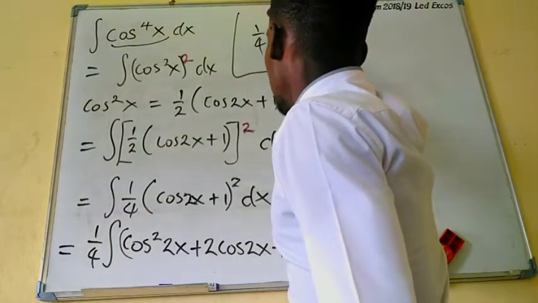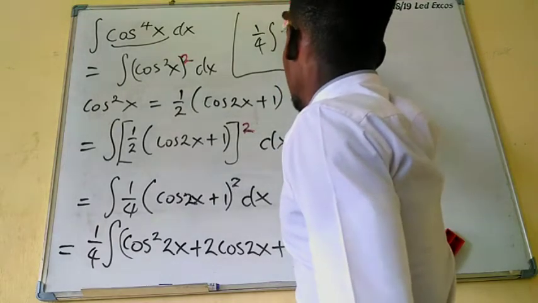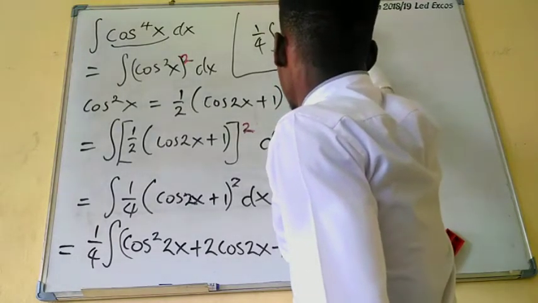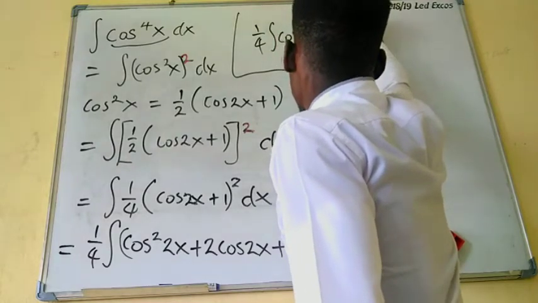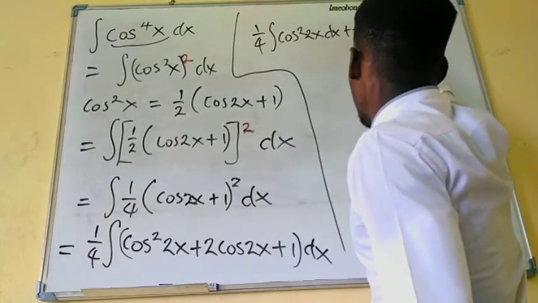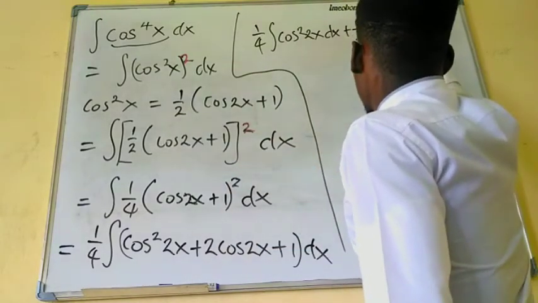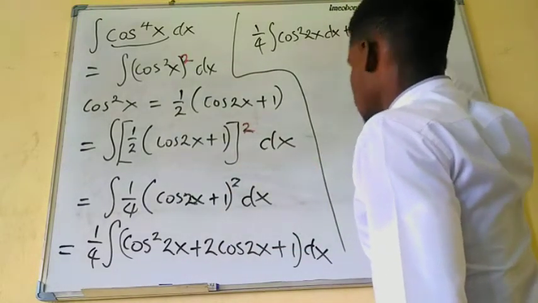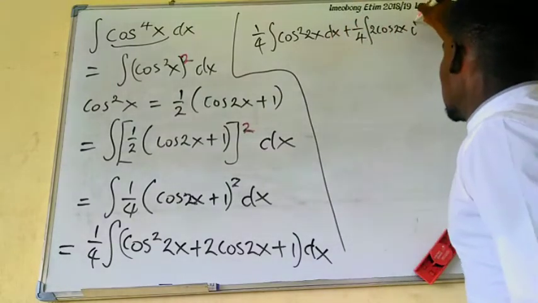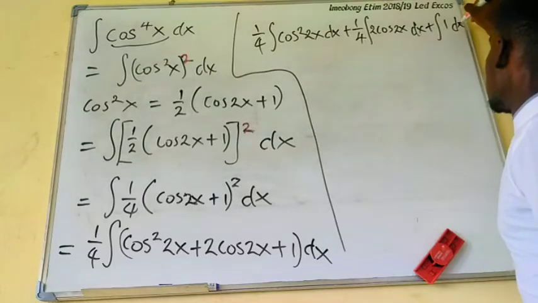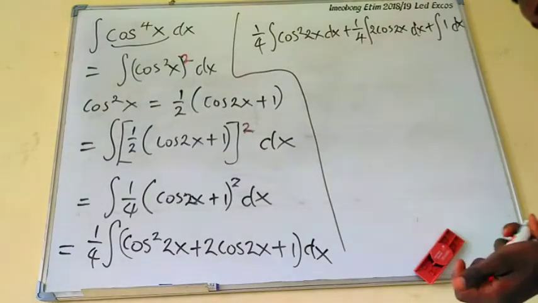That'll be 1 over 4 integral of cosine squared of 2x dx, then plus 1 over 4 the integral of 2 cosine of 2x dx, then plus the integral of 1 dx, like this, alright?